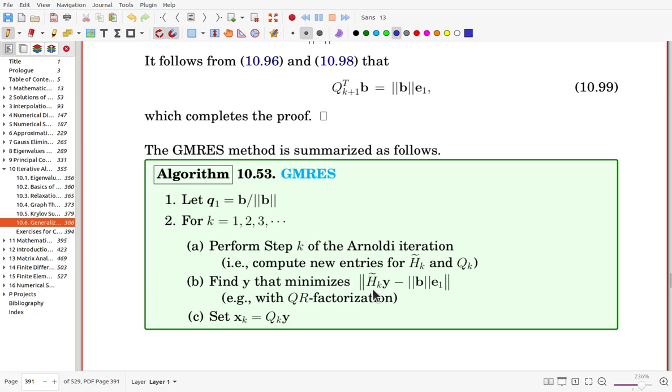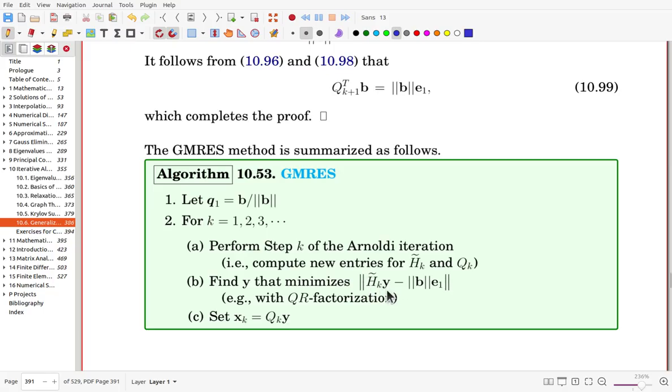As k increases, it includes only one more column, so that you can keep the previous solution and the details of the solution, then in the next step you can use it, so that only the extra part needs to be done to get this solution.